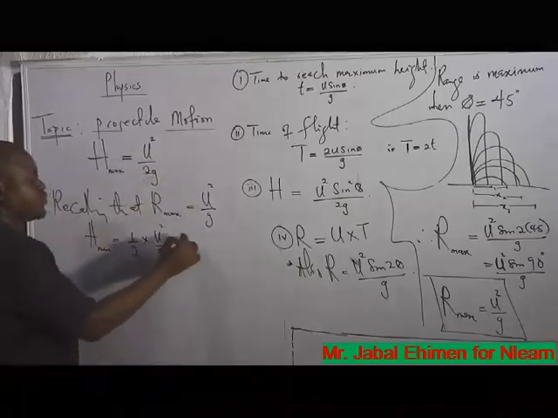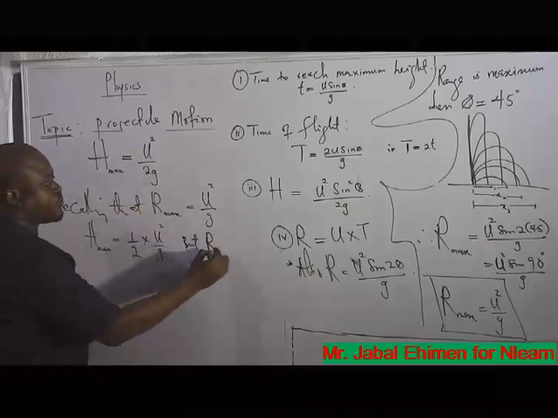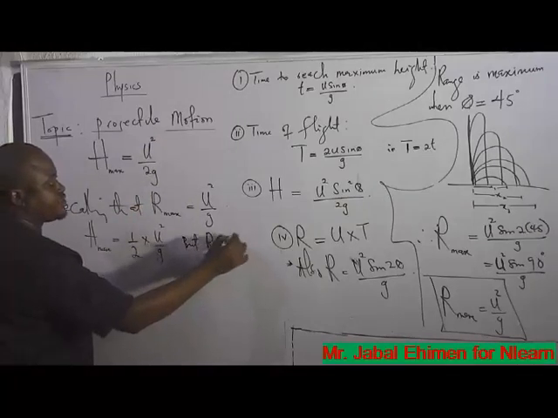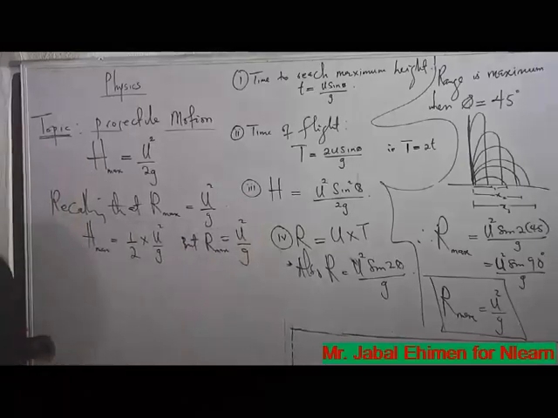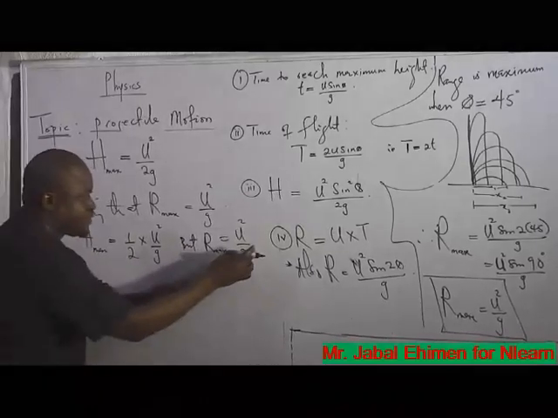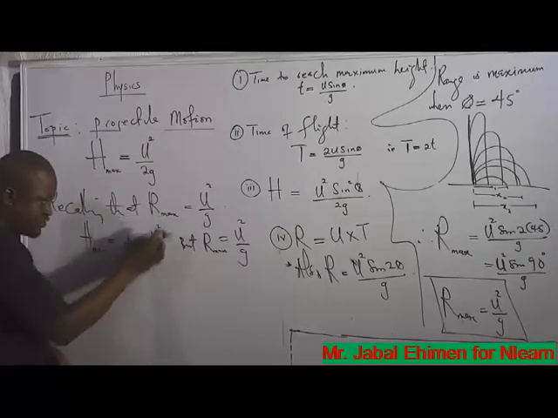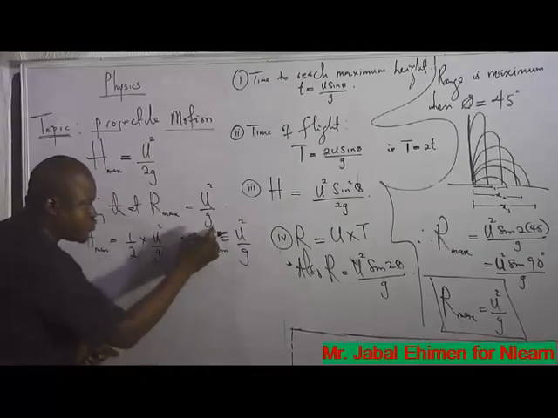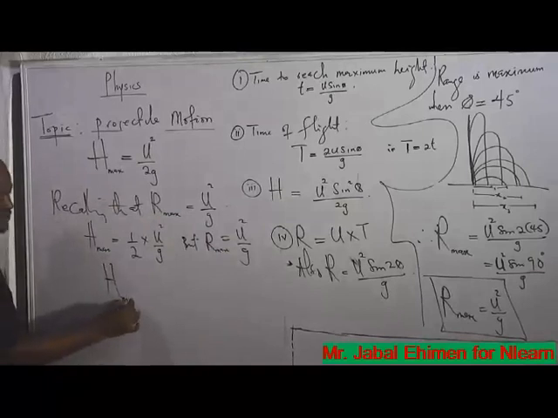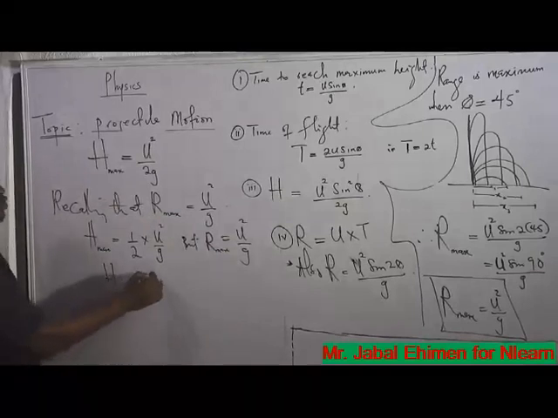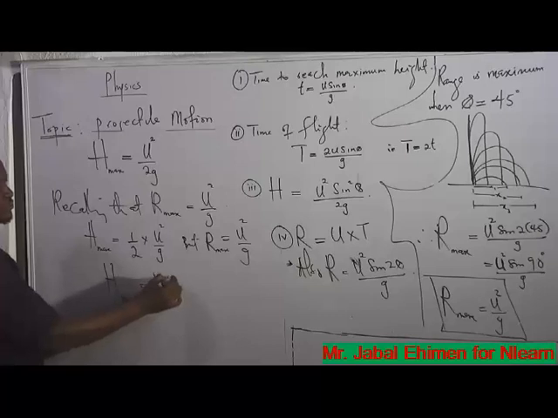But we remember that R max is u squared over g, which is this. If I replace this value, I can just replace it with R max. If I put R max here, you have h max is equal to 1 over 2 times R max.